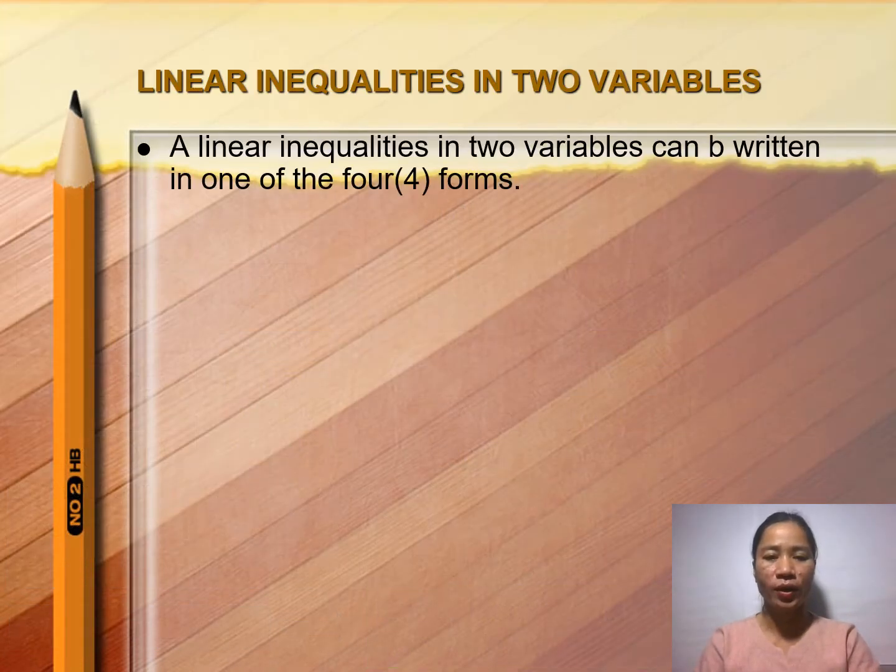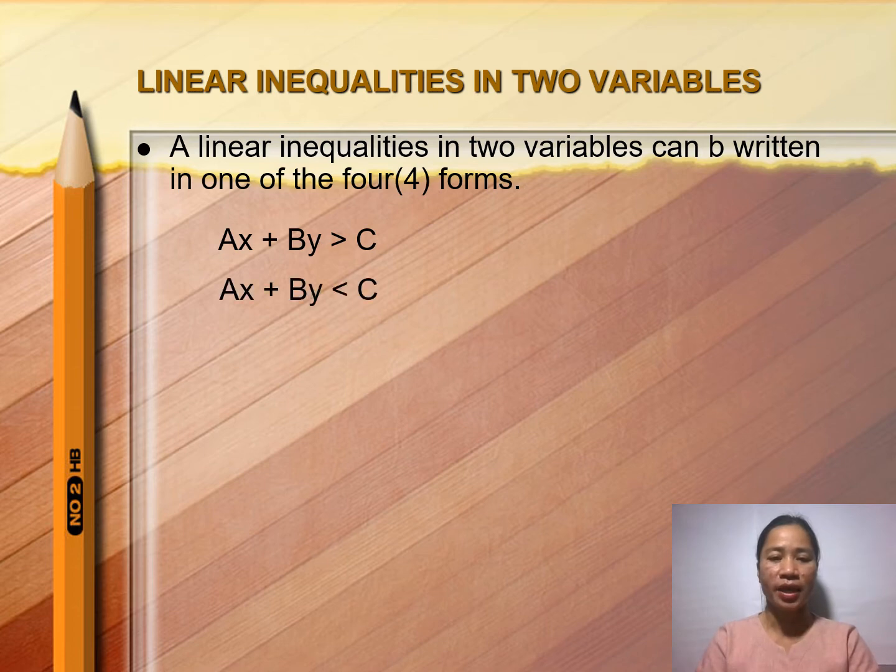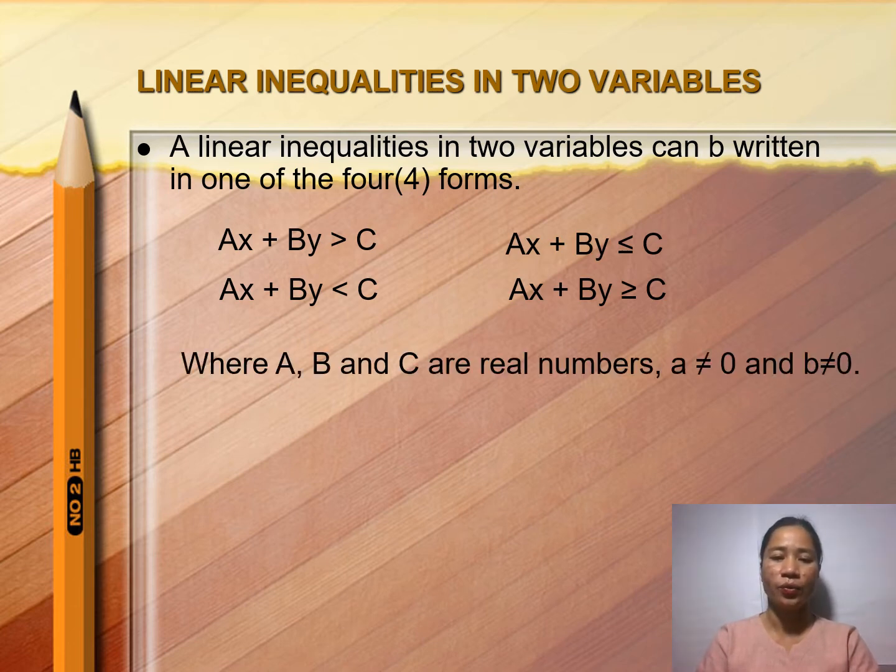A linear inequality in two variables can be written in one of four forms. We have ax plus by is greater than c, ax plus by is less than c, ax plus by is less than or equal to c, and ax plus by is greater than or equal to c, where a, b, and c are real numbers and a and b should not be equal to 0.